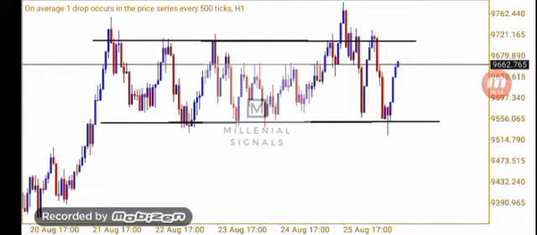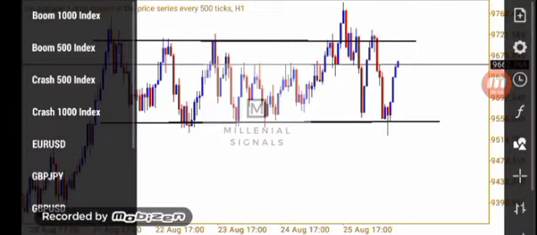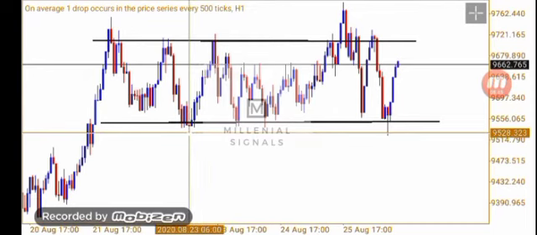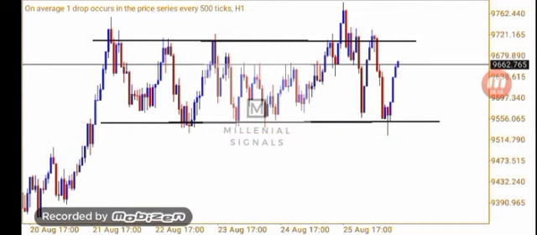It's a valid reversal signal if it's formed at the end of a downtrend, at the bottom of a downtrend, then it can act as a reversal signal. And it's also opening at a key level, at the support level here. You can see the doji here, which makes it a valid reversal signal. So once you see all these things, then the price or the markets will change direction, and you should be looking for buying opportunities at this point.